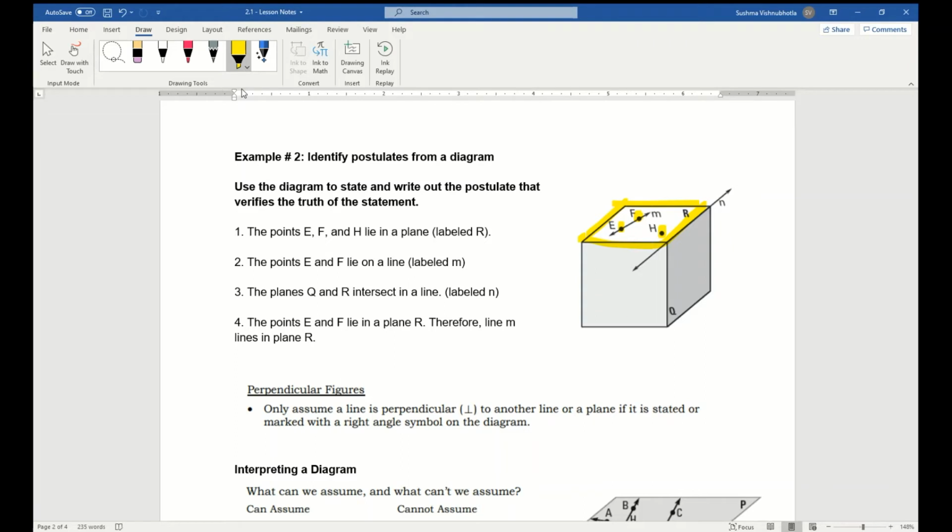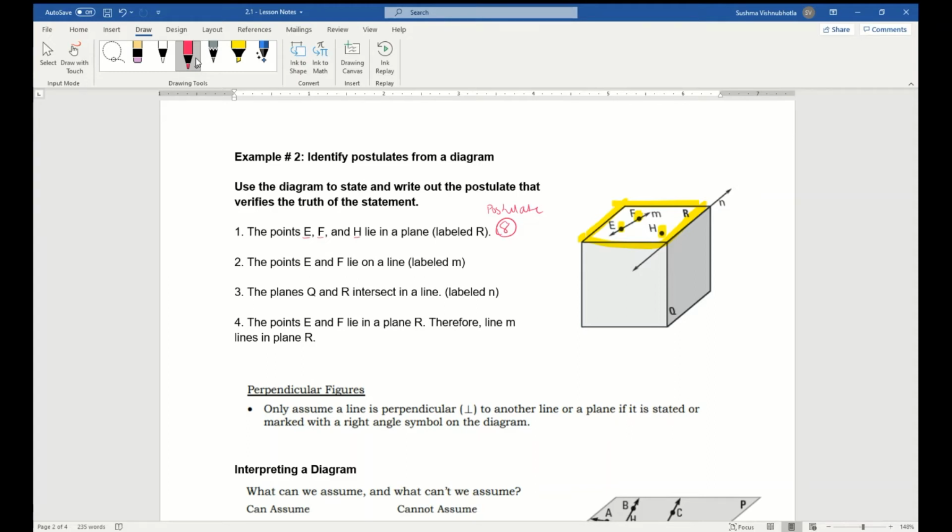Well, what did we start with? Was a condition that the points had to exist or that the plane had to exist? It's the points. So this would actually be postulate 8. If you scroll up, it says, through any 3 non-collinear points, there exists only one plane.